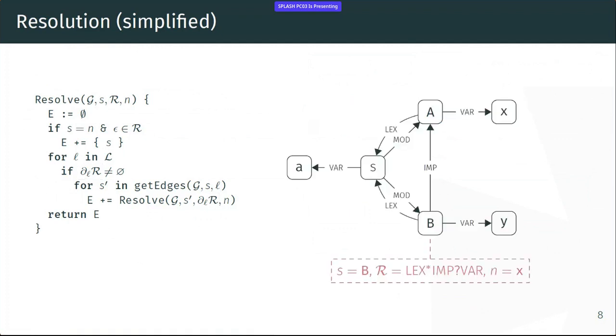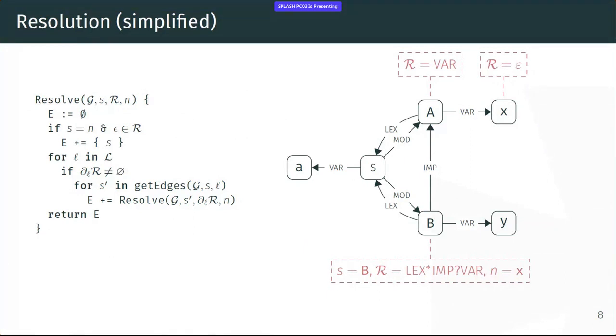And so let us look at how that works for the example that we had. For the query that I showed, the initial S will be B because we started in scope B. We have this regular expression, and the N argument, which is the name of the declaration that we are looking for, is X. So when we have traversed the IMP label, we have computed the derivative with respect to IMP of the original regular expression in the recursive call, which gives us the var regular expression once we arrived in scope A. And when we again traverse the second var label, we have the regular expression that matches the empty word.